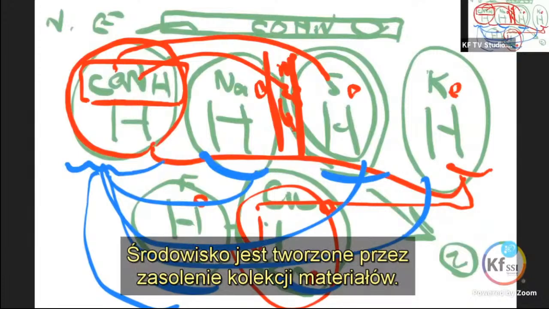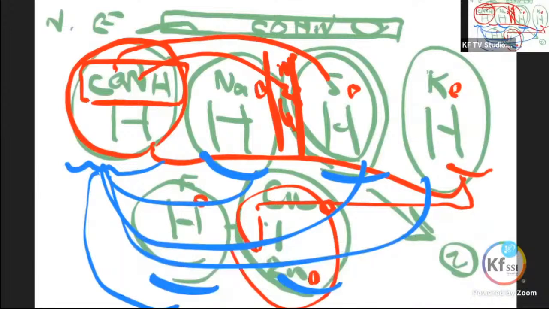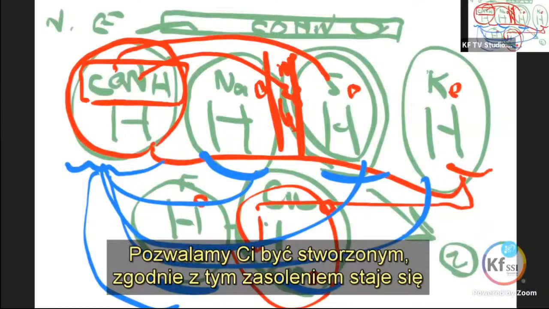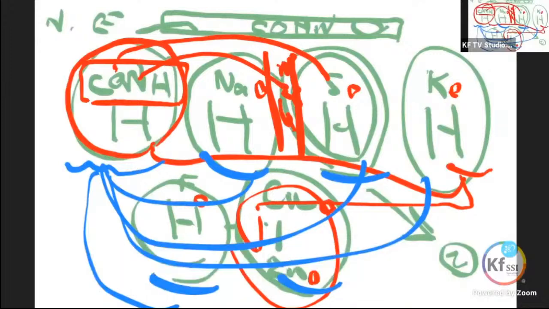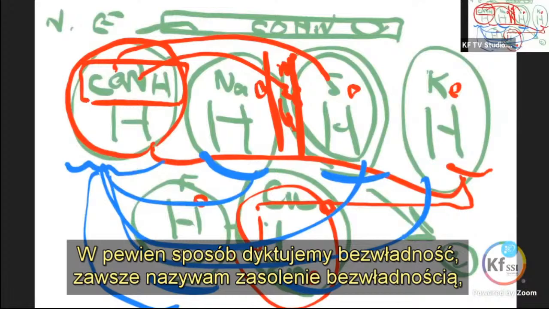The environment is created by the salinity of the collection of the materials. We allow you to be created according to this salinity to become the cell of the kidney. We change the salinity slightly, you become a liver. In a way, we dictate inertia.